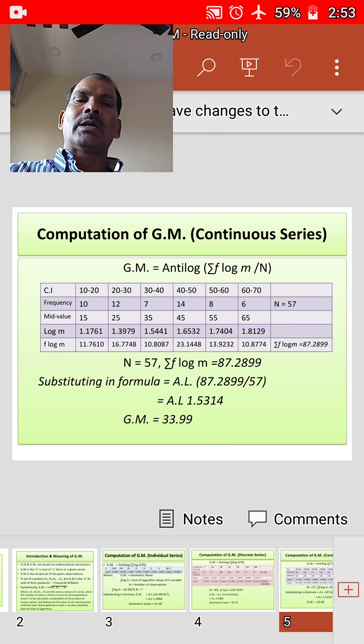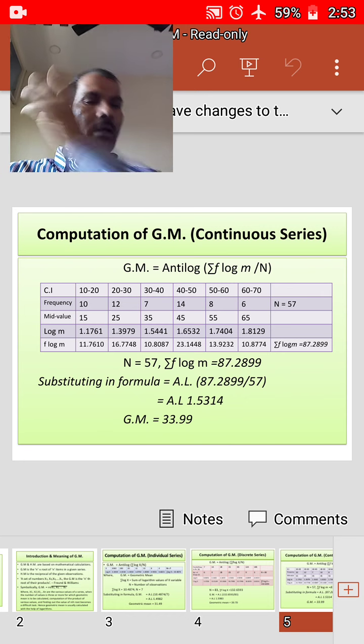Here GM indicates the geometric mean, m is the mid value of the class, f into log m is the logarithm of the mid value of the variable multiplied with the corresponding frequencies, and n is the number of observations.